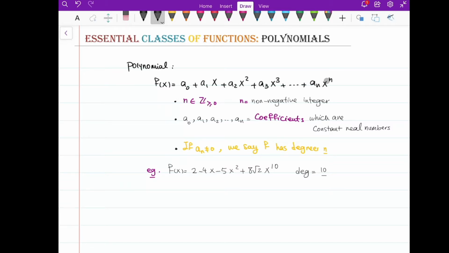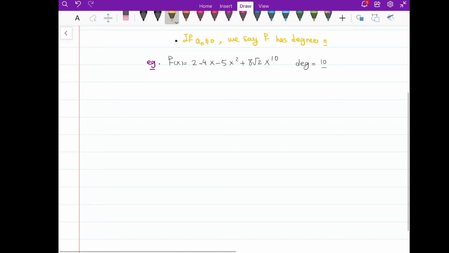Let me give you two notes. So note 1 is that if the degree of our polynomial is less than or equal to 1, then f is a linear function.